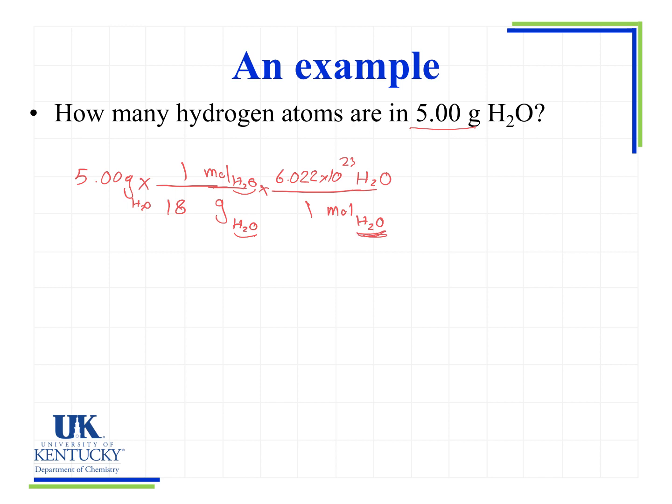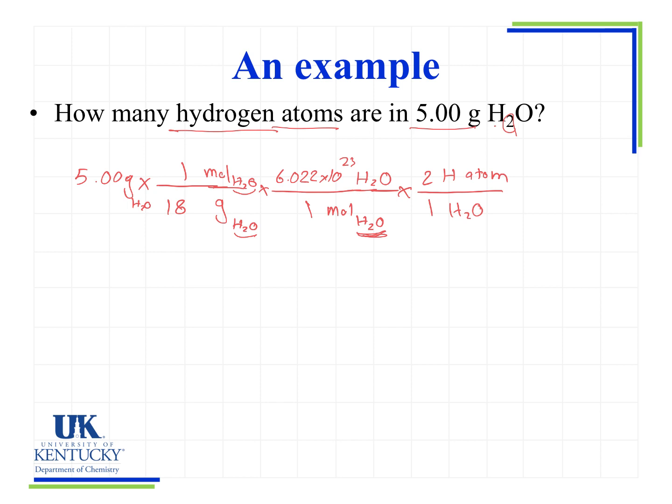Okay, are we done? No, because the question is asking how many hydrogen atoms, not H2O molecules, okay? So for 1 H2O, how many hydrogen do we have? It's H2, right? So we have 2 hydrogen atoms, okay?